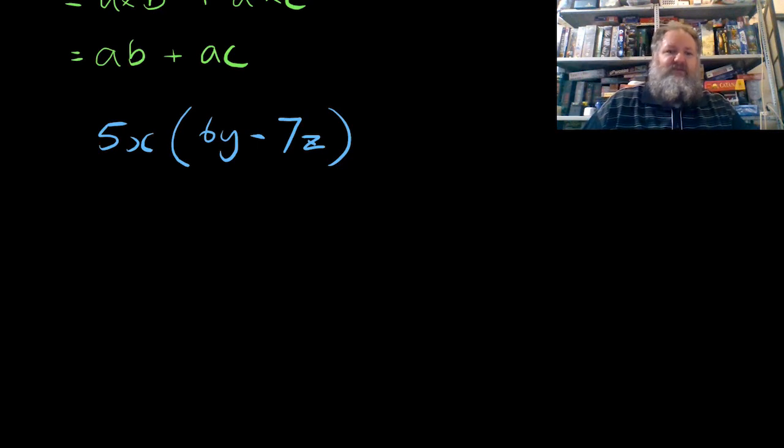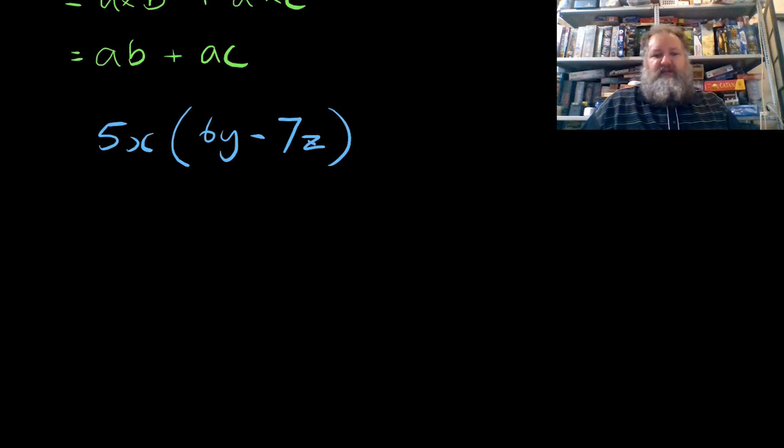Okay, so let's have a look. Well, we know that everything on the inside is multiplied by what's on the outside. So what's on the outside? A 5x. So if I visualize what this next line will be, it'll be this 5x multiplied by my first term, and then this 5x multiplied by my second term.